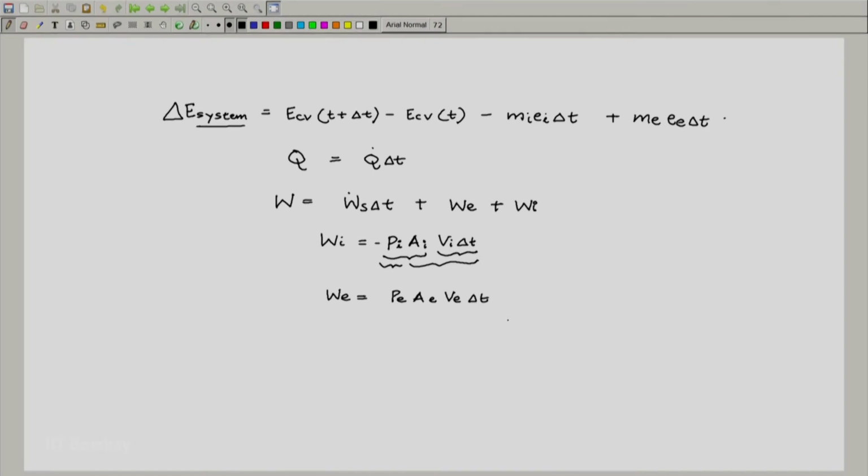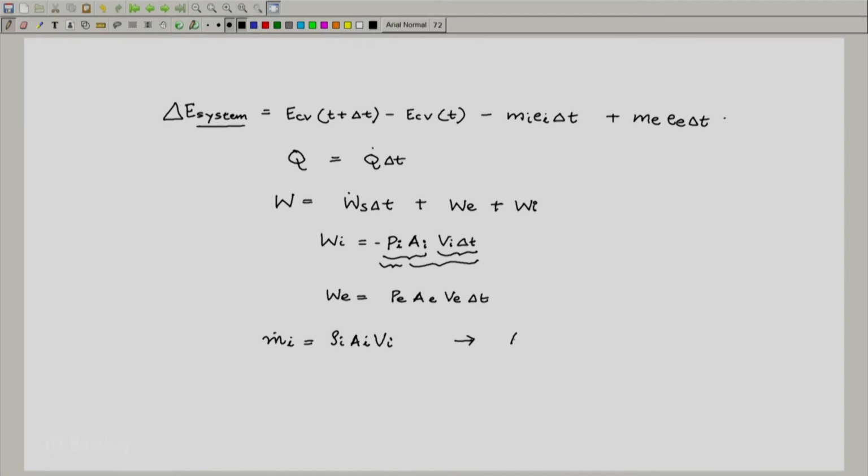Now, the next step that we do is substitute for AI VI by using our expression for m dot, and we realize that we had m dot I is nothing but rho I AI VI.